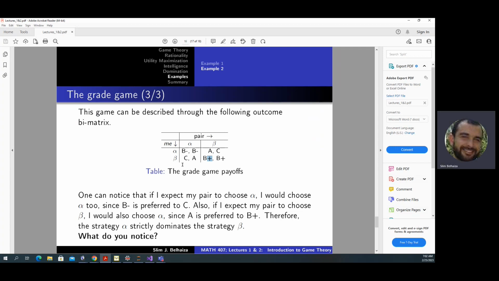Okay, and of course we notice the same pattern which happened with the prisoner's dilemma: the B minus, B minus situation where we both end up choosing alpha is not the socially wise situation we should end up with. Okay, and we repeated the game, we played it again, and we tried to settle some kind of agreement among players.